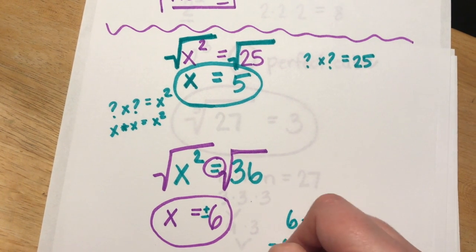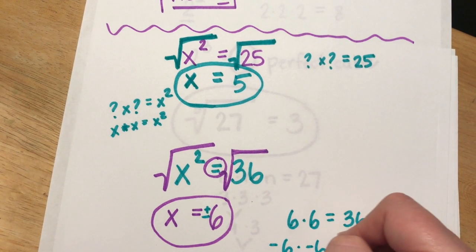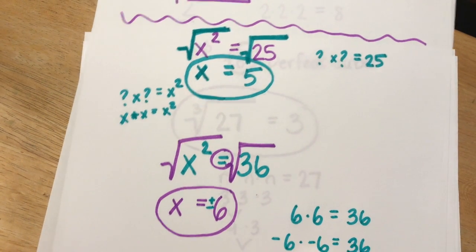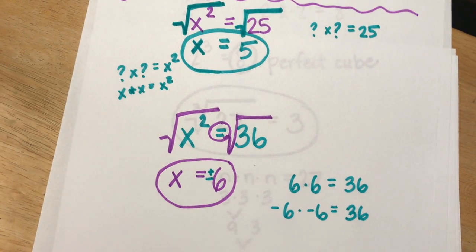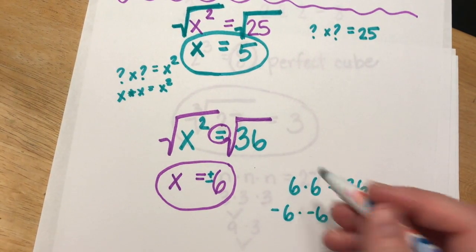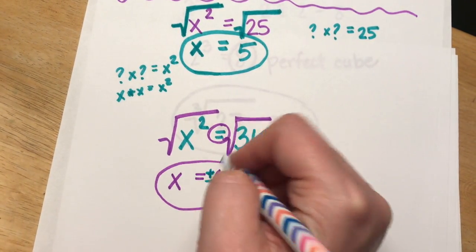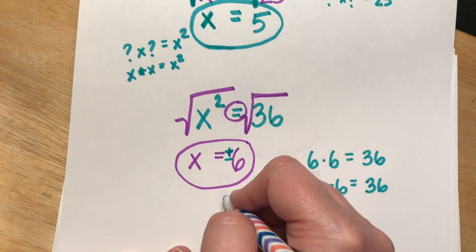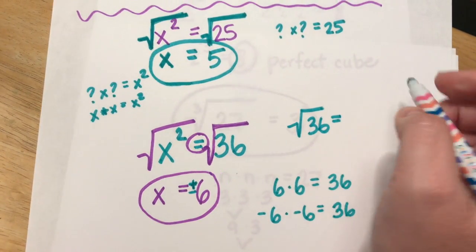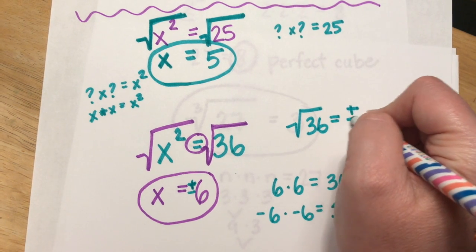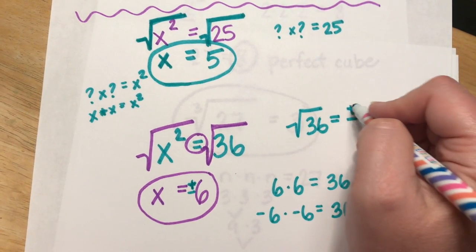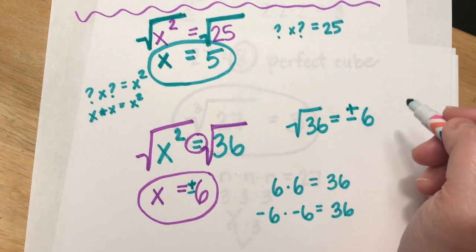Or if I multiply negative 6 times negative 6 equals 36, because a negative times a negative equals a positive, right? So when you do something with square roots, this is how you represent it. You would say the square root of 36 equals a positive and a negative on top of each other, 6. So it shows that they can be either positive or negative.